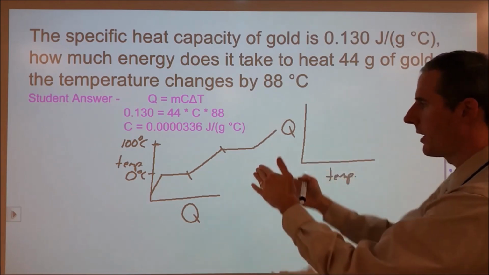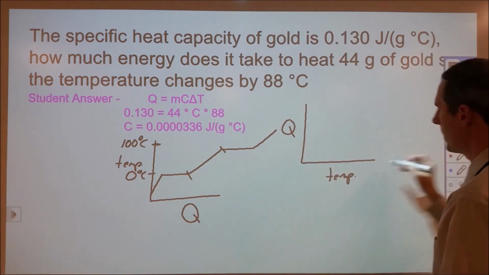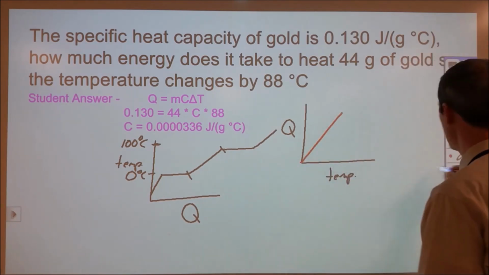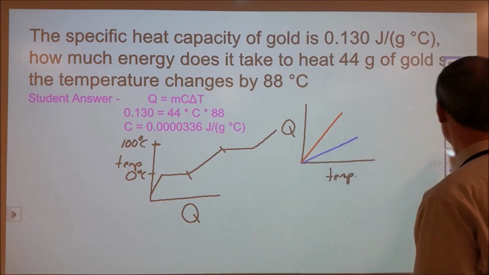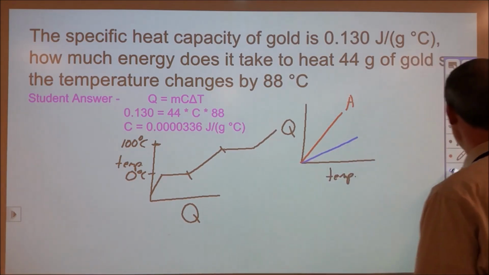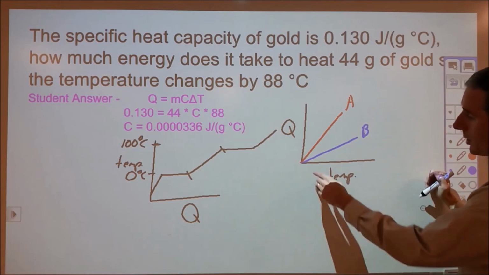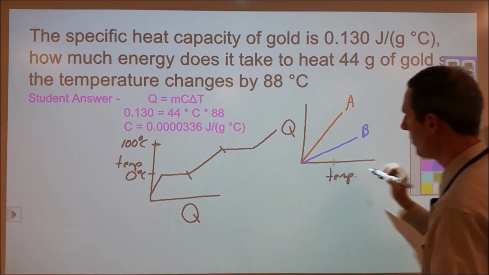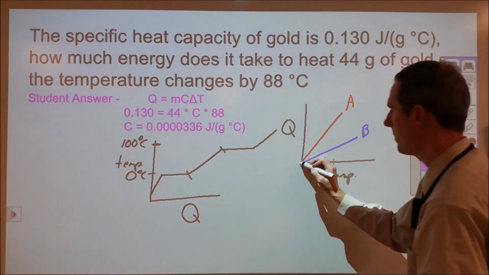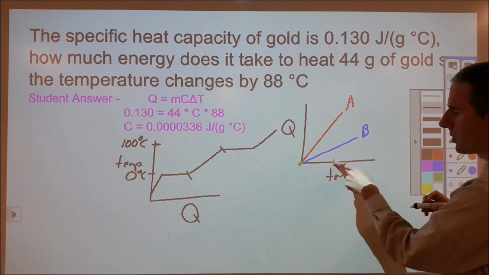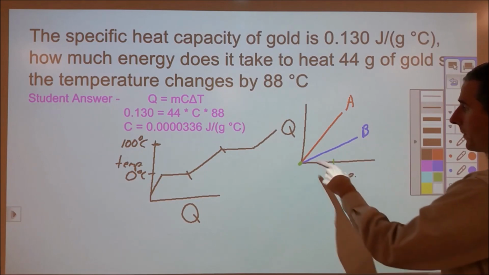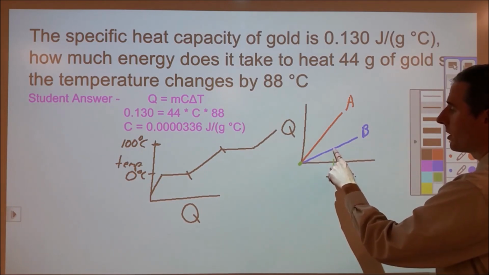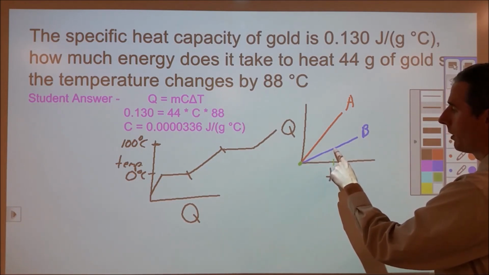Okay, now when I do that, that's going to obviously invert the slope. But let's take a look at two substances here, one like this and one like this. Okay, we'll call this substance A and substance B. So the implication here is that when I change the temperature, going from this point to this point, by 12 degrees, let's say, the amount of energy necessary to heat B up by 12 degrees was this much.